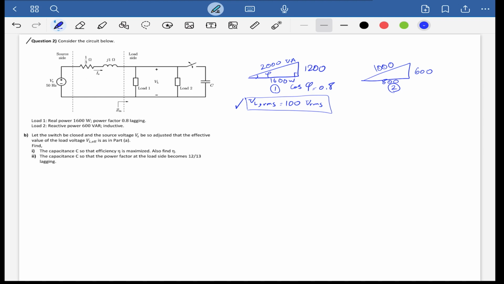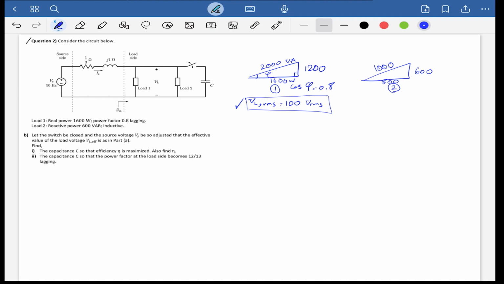Whenever the efficiency is maximized, also we need to find the efficiency. Also the capacitance C, to find it some way like the power factor of the load becomes 12 over 13 and it is lagging. So what to do?